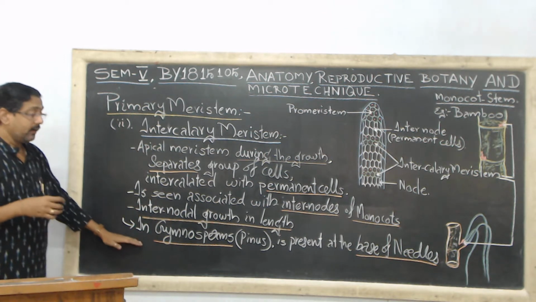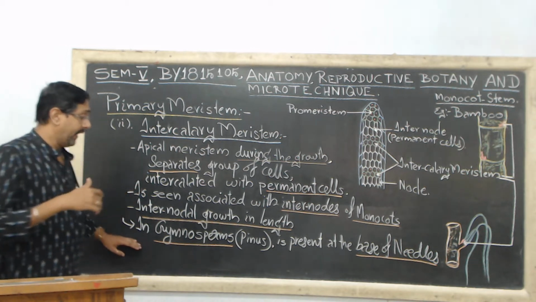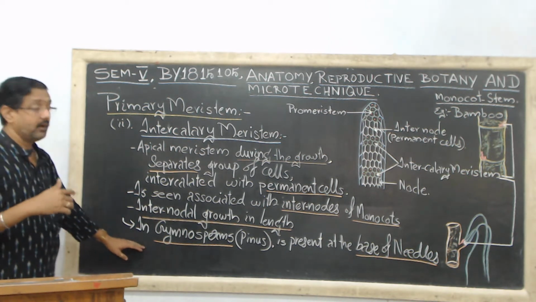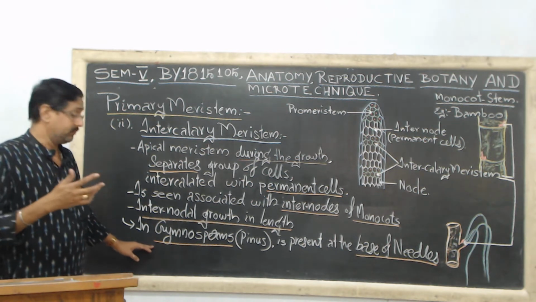Coming to plants other than monocots and dicots, there is another group of plants called gymnosperms.